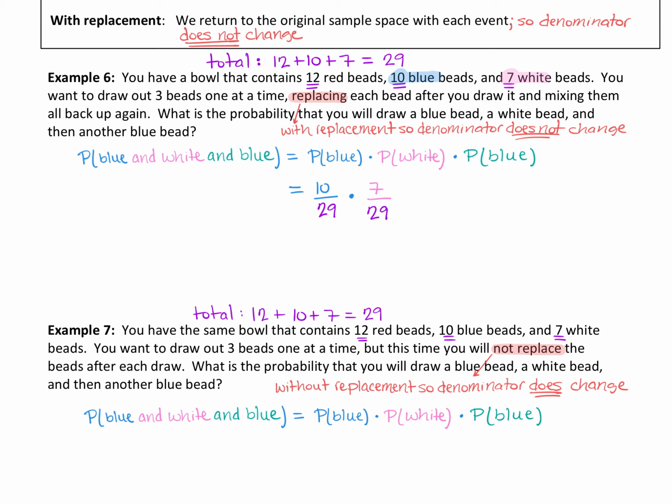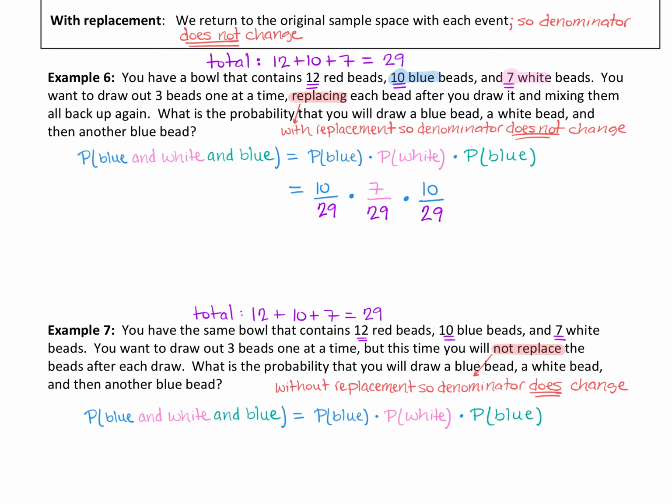And we multiply that by the probability of blue again. And so there is still the 10 because we put the blue back in. We drew a blue out, but then we put it back in the bag. So that's still 10, and there are still 29 beads in the bag.